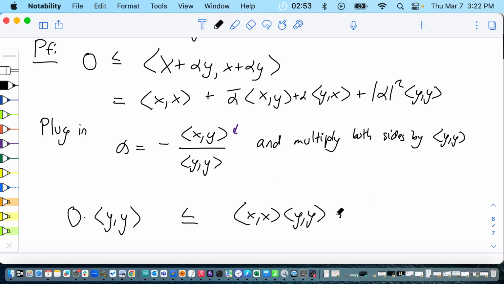These are cancellations. Then at the end you have the absolute value of alpha squared, which becomes the absolute value of xy squared, because alpha has xy in it. There is no yy because that got canceled away. Hopefully it's not too many steps at once, but it saves us some writing.